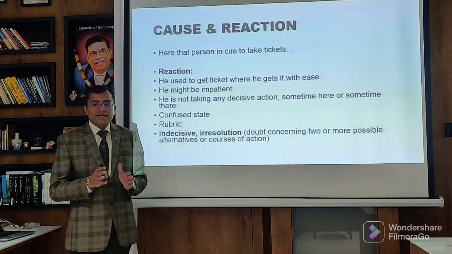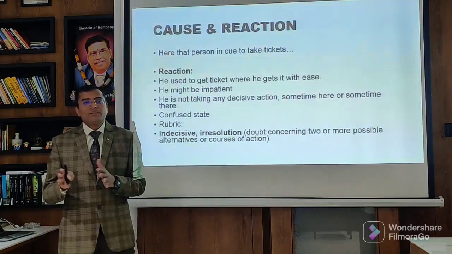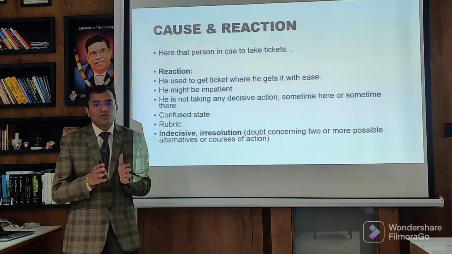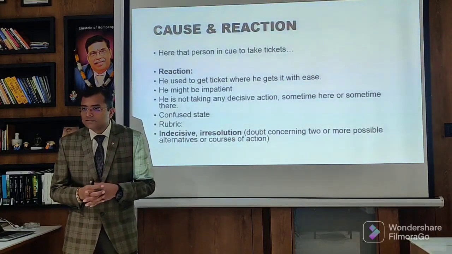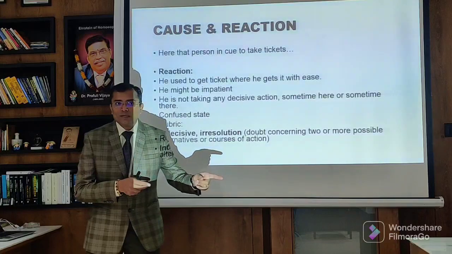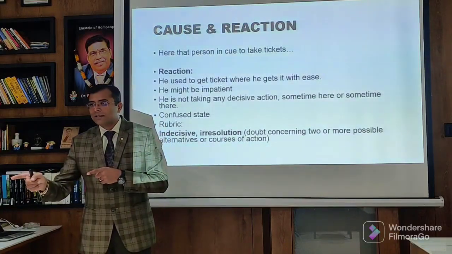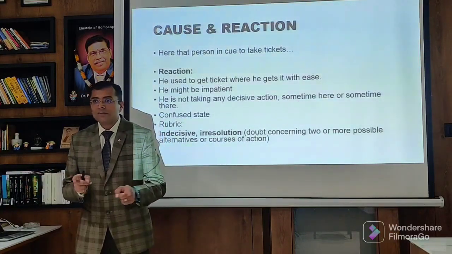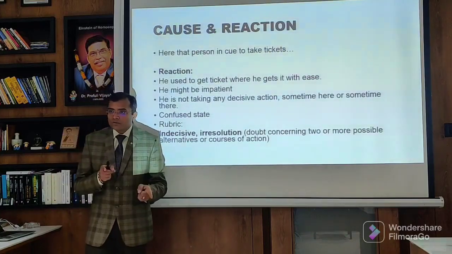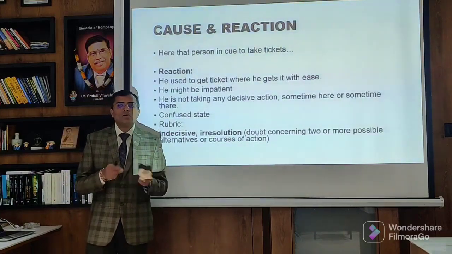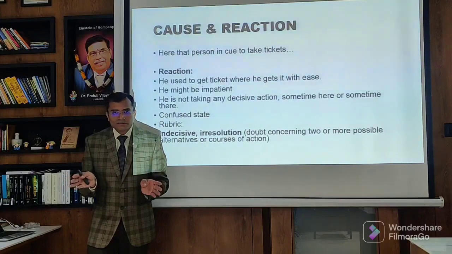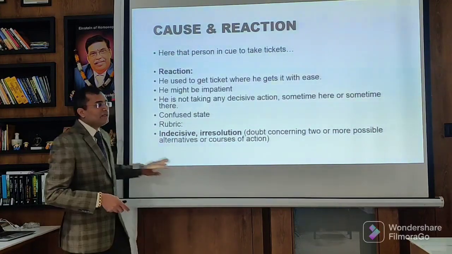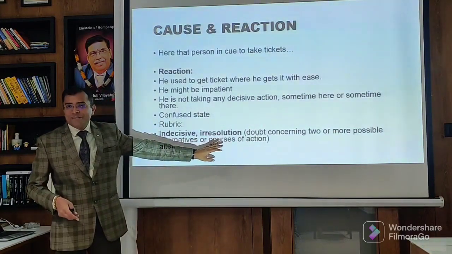If I go this way, I'll get it quickly, or if I go this way. Where to go, here, here, here. So in that course of action, he is not taking any decision. So the perfect rubric is this. Are you getting me?